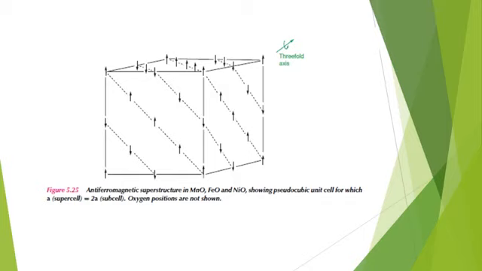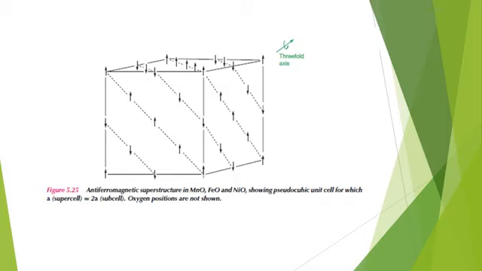Here is a diagram showing the antiferromagnetic superstructure in manganese oxide, iron oxide, and nickel oxide, showing the pseudo-cubic unit cell for which a supercell is shown.